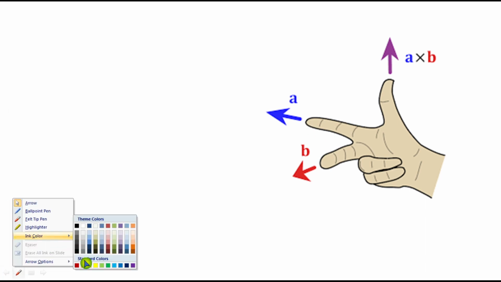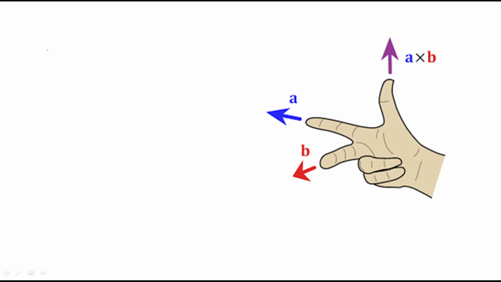We all know that the force is equal to I into dl cross B. If we have a cross product between this dl vector and this magnetic field vector, obviously we are going to get the force.